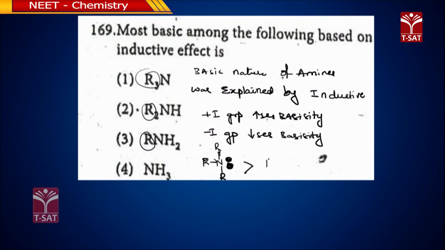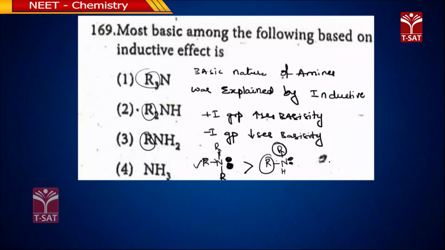Compared with R2NH and RNH2, there are fewer electron donating groups, so the electron density decreases. So the most basic is R3N, next R2NH, next RNH2, next NH3. If electron donating groups are present on the nitrogen, its basicity increases. So, option 1.